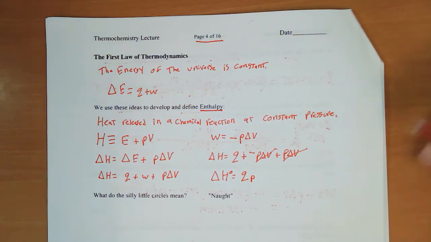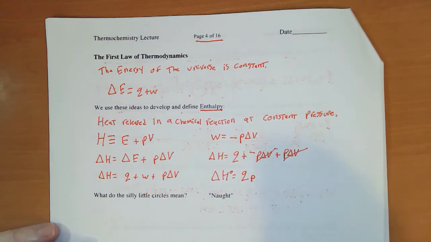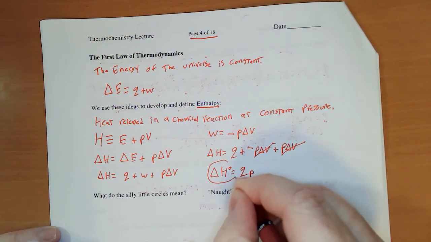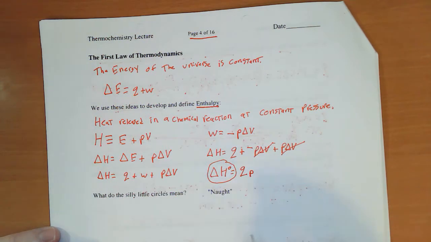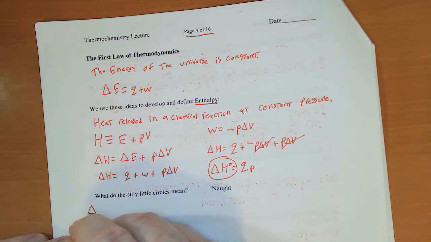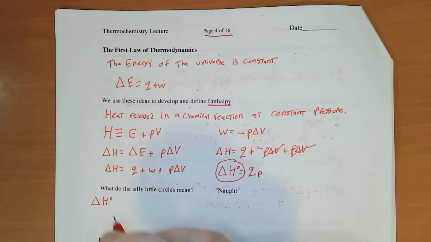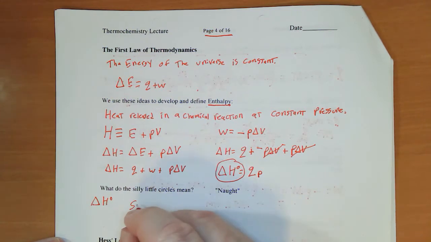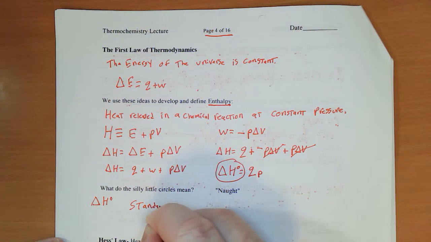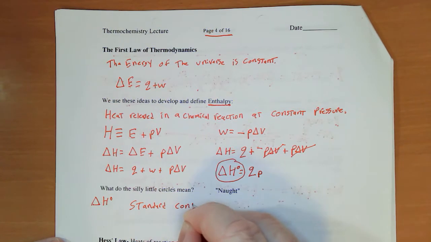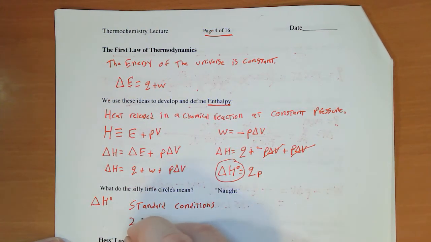That's actually a notation that we're borrowing from calculus and doing something called a partial derivative. Now, delta H naught, the way I wrote it right here, is to oppose all those other places. That little degree sign looking thing, okay? That means standard conditions. So what we're talking about would be 25 degrees Celsius.